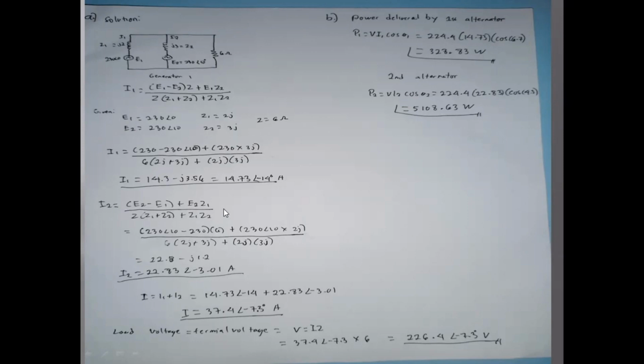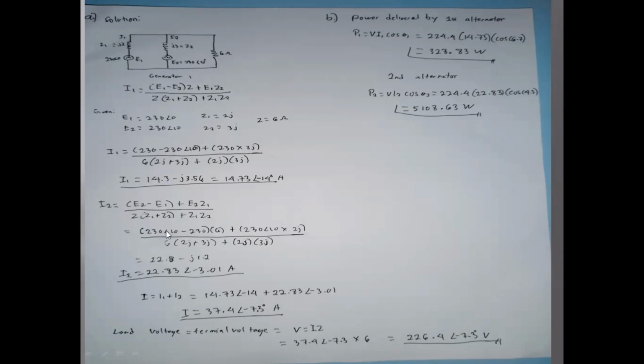Then for generator 2, the current I2. The formula is I2 equals (E2 minus E1) times Z plus E2 Z1 over Z times Z1 plus Z2 plus Z1 Z2.